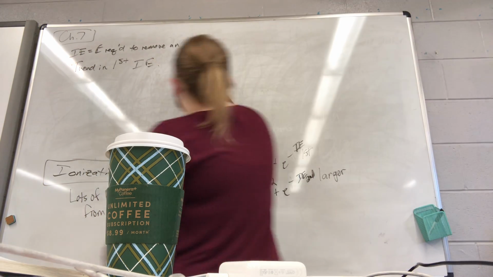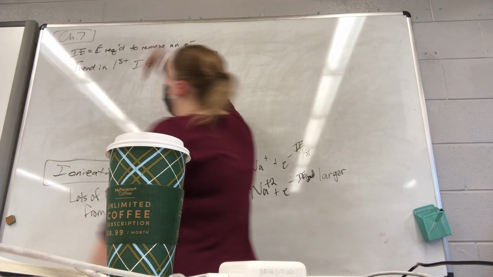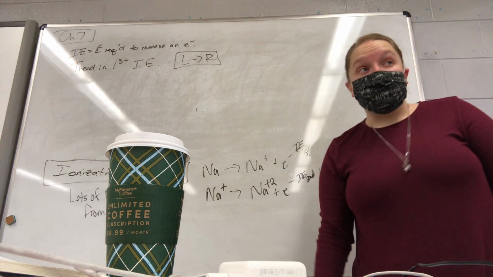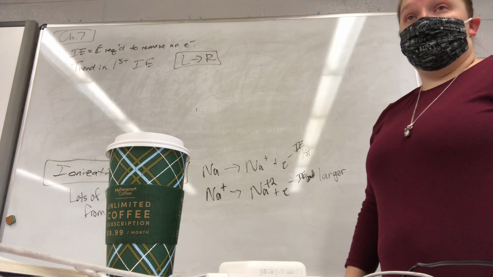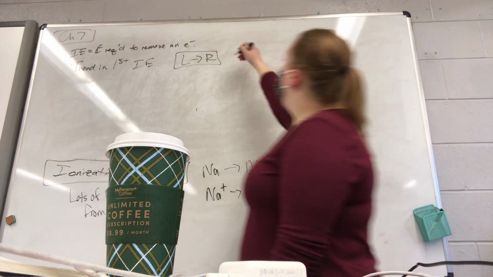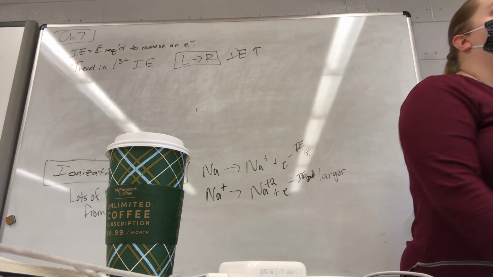Okay. As we move left to right, does it get easier or harder to remove the electron? Moving towards fluorine. Harder. So ionization energy increases left to right.